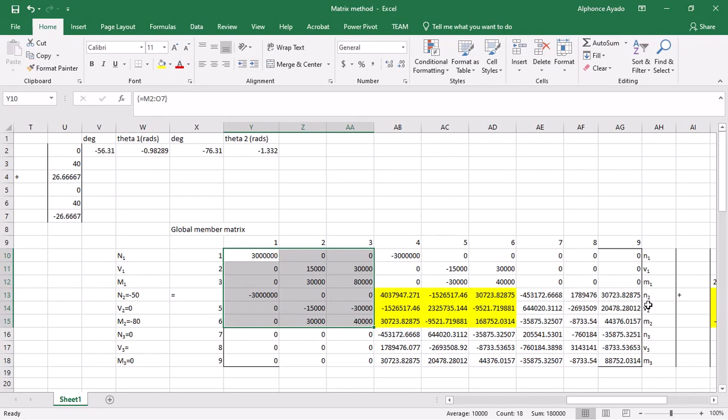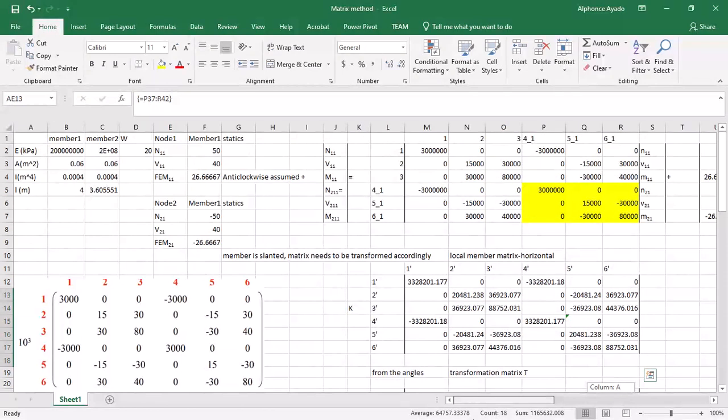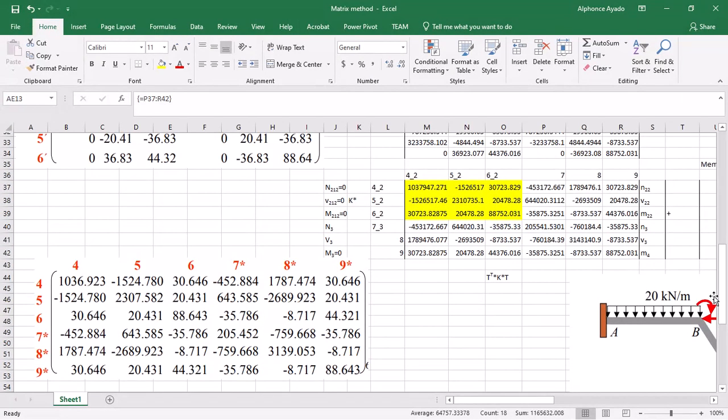Right, and then the same can be done for this part here, which is just from member 2.